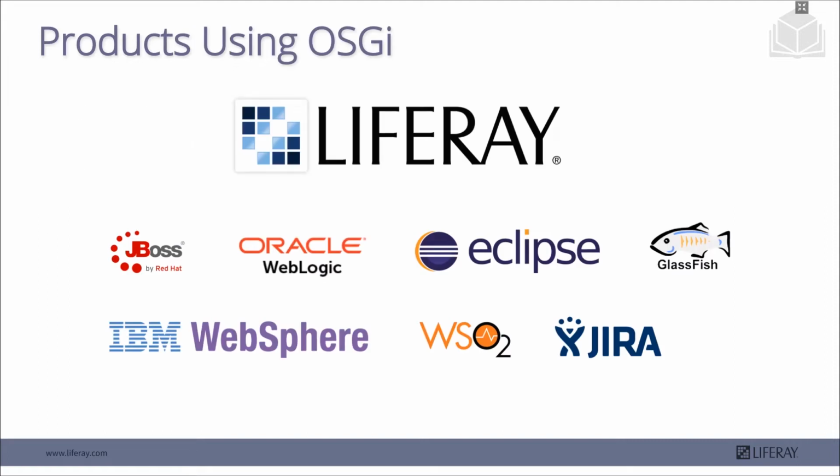Now, for some of the companies that do use OSGi, some of these names should be very familiar, such as Oracle, right? They're the ones in which we are using their JDK here. Or Eclipse, right? We're using their IDE. As for the big names, those are the two that stick out to me.